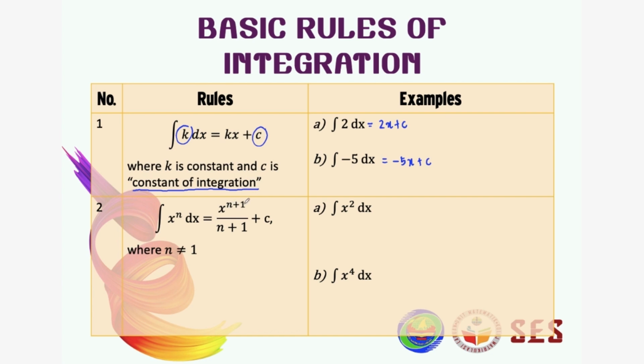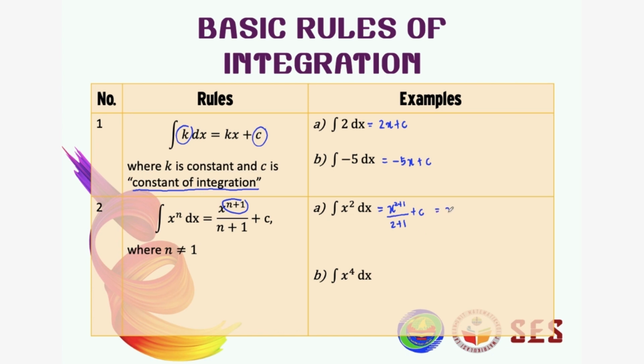Okay, so second rule, when we integrate x to the power of n, we will get x to the power of n plus 1 divided by the power which is n plus 1, plus our constant. So for example, we have x to the power of 2, so we should get x to the power of 2 plus 1 divided by 2 plus 1 and don't forget our c.